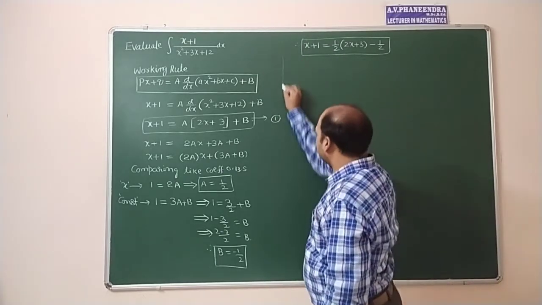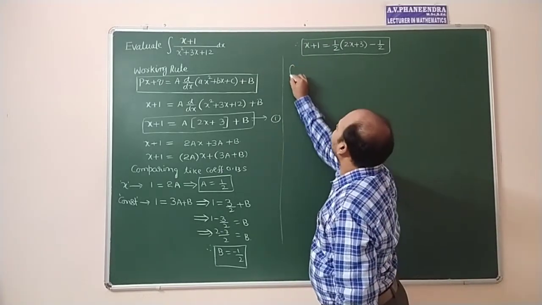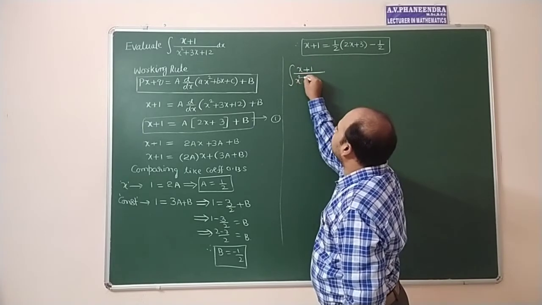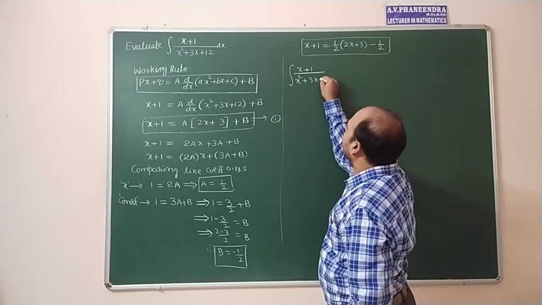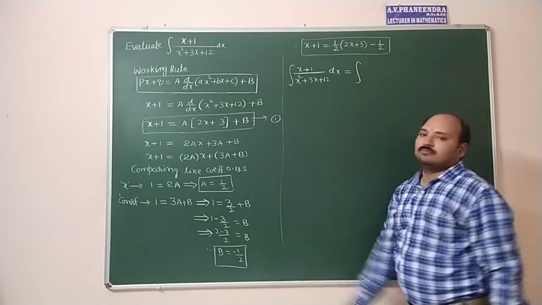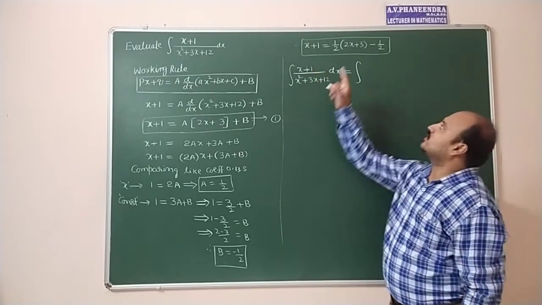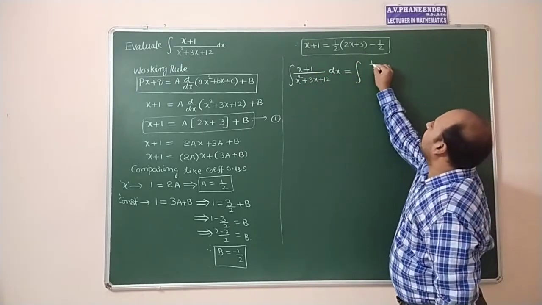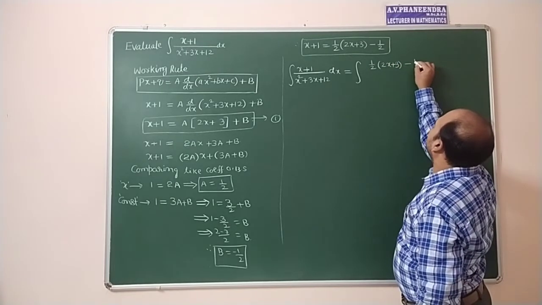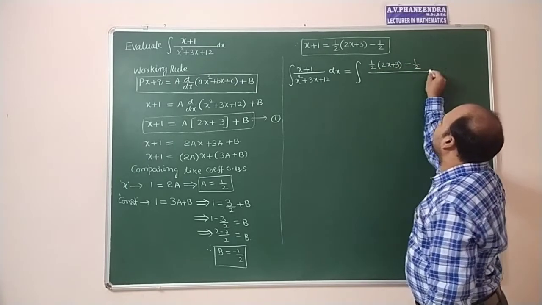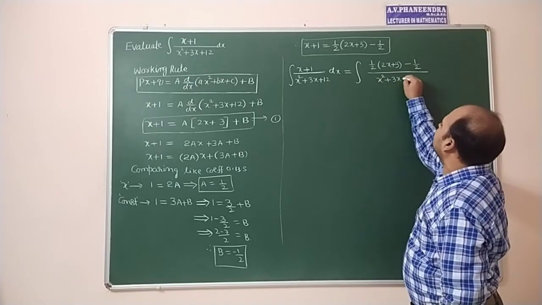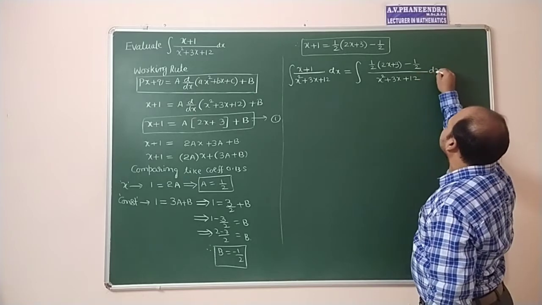Now consider integral x plus 1 divided by x square plus 3x plus 12 into dx, which is equal to integral, in place of x plus 1, substitute that value: 1 by 2 into 2x plus 3, minus 1 by 2, whole divided by x square plus 3x plus 12 into dx.